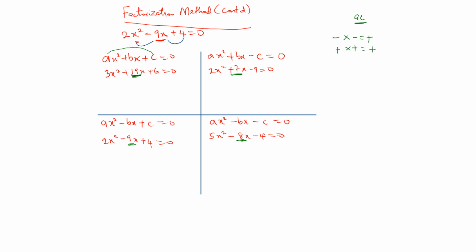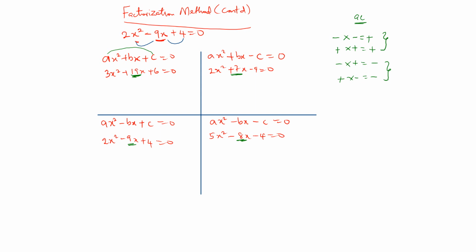Then minus times plus gives us minus, and plus times minus gives us minus. So the first two are giving us addition, and the other two are giving us subtraction.